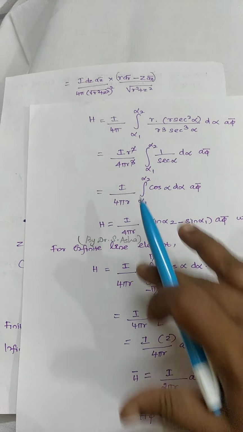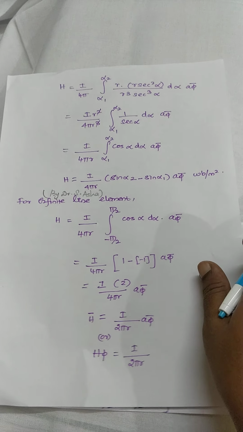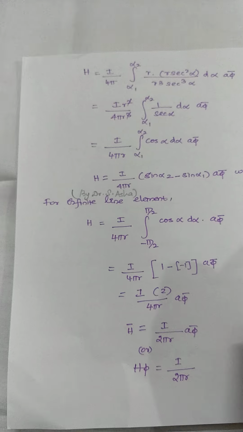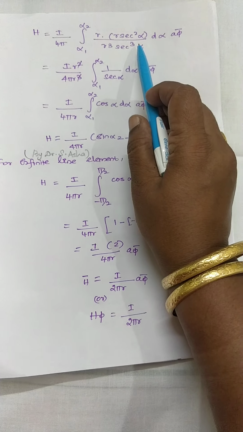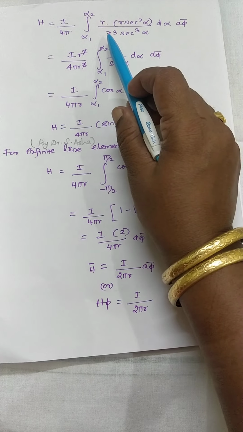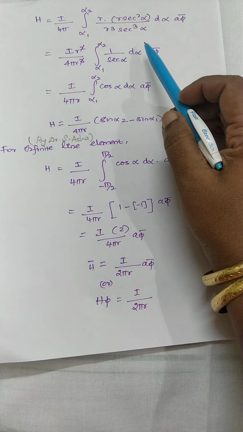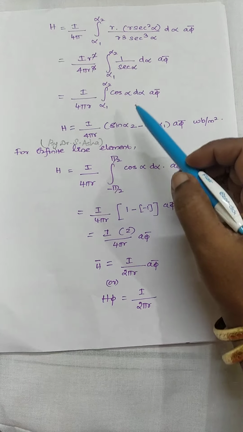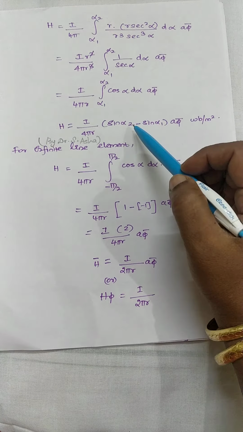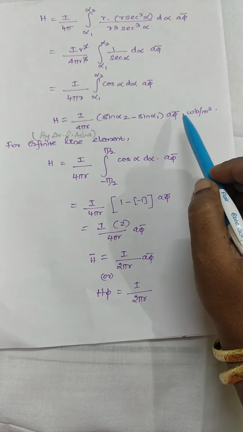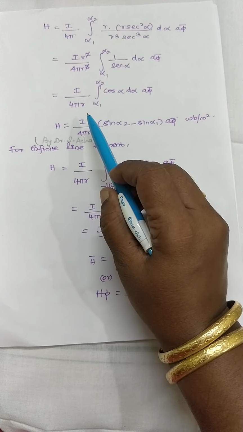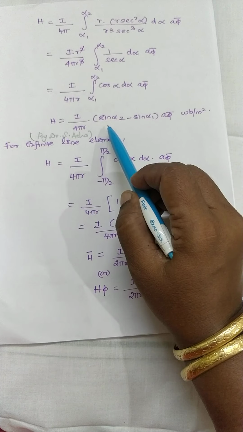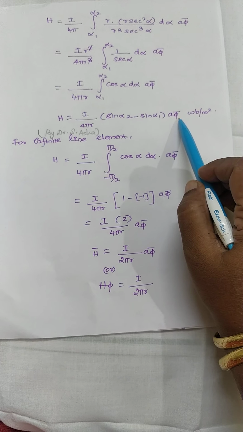So I have just substituted the dz value as r secant square alpha d alpha of a phi vector divided by r cube secant cube alpha. So take out the common terms and cancel them out. You know 1 by secant alpha is nothing but equal to cos alpha. Upon integration, it is the sine representation, upper limit minus lower limit. So the final answer takes the form of H equal to I by 4 pi r, sin alpha 2 minus sin alpha 1, a phi vector.